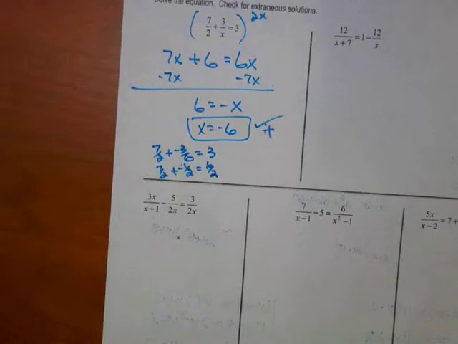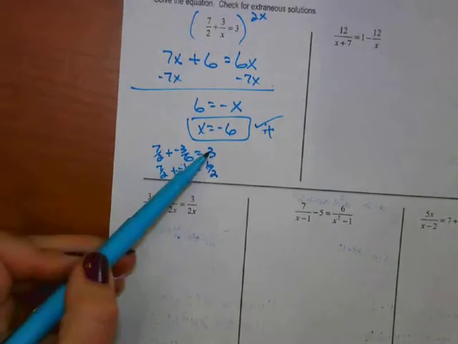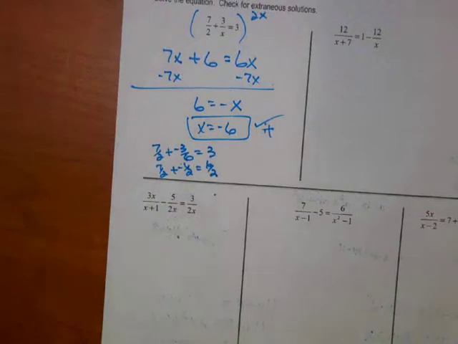Is that a true statement? Do you know where I came up with all those numbers? 6/2 has the same value as what? I know it's Monday, but what's 6 divided by 2? 3, right? So I just made this with the fraction of 2 denominator, all right? So it does work.